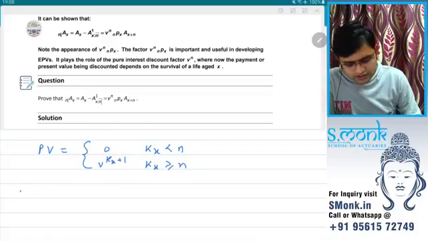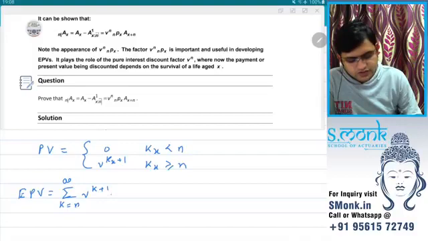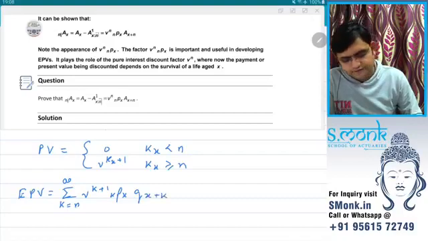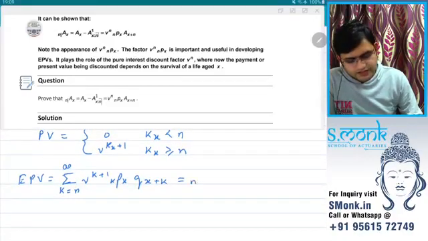So you will say expected present value will be equal to summation k going from n to infinity v raised to k plus 1 kpx qx plus k. This is what we write as n slash ax.